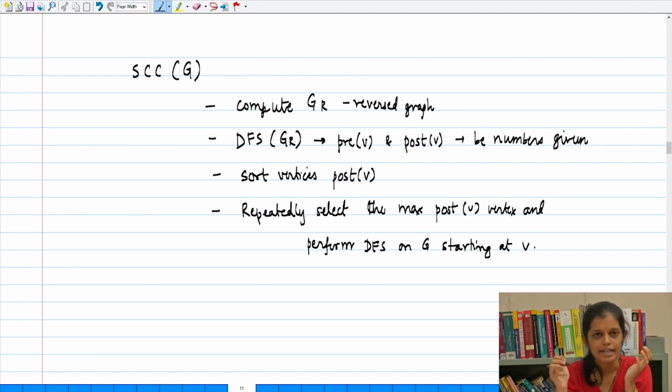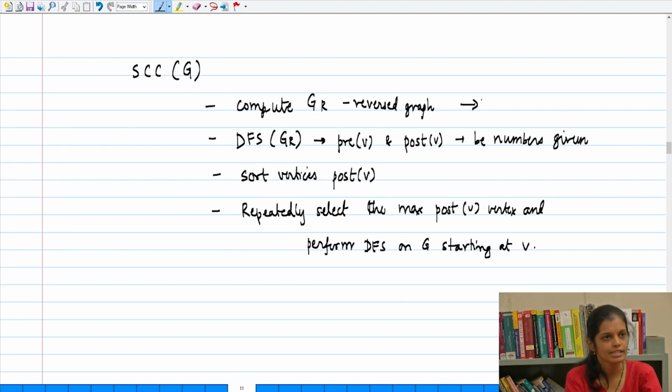So let us ask what is the time involved in doing all of this, in terms of the running time. How long does it take to compute the reversed graph of any graph? N squared? Does it require n squared if it has m edges, where m could be smaller than n squared? You need not use an adjacency matrix, right? We'll always use an adjacency list representation, so m plus n.